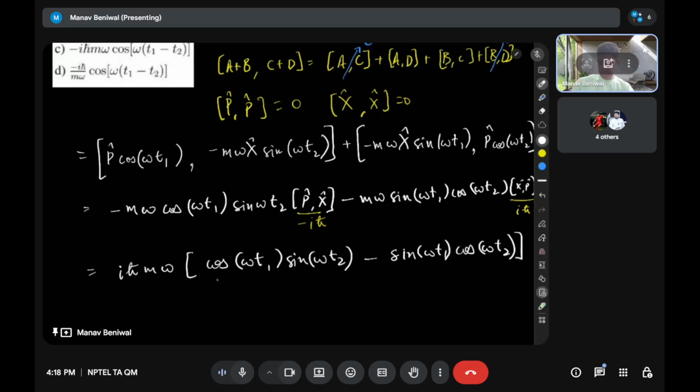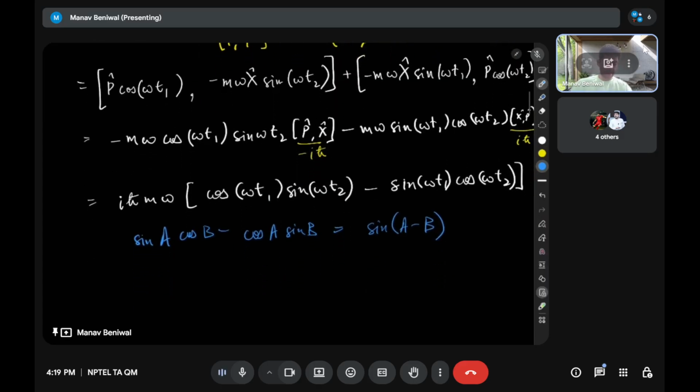So basically this is a trigonometric identity, right? If you remember, we have the identity sin A cos B minus cos A sin B, which gives us sin(A minus B).